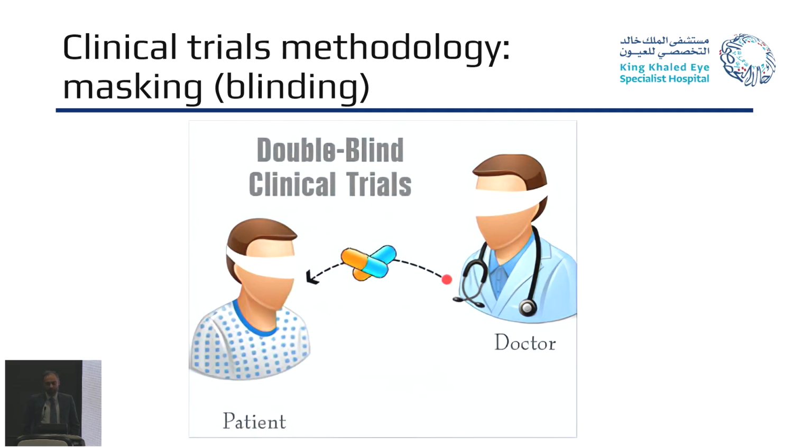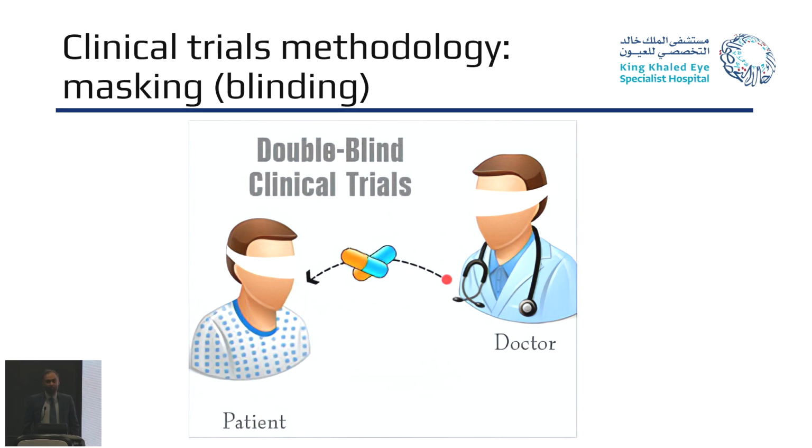One of the other important methodological criteria for trials is masking or blinding, like we mentioned. You can mask patients to which treatment they're having, you can mask the doctor to which treatment the patient's having, and you can also mask the person who is doing the outcome assessment as to which treatment the patients have been given.